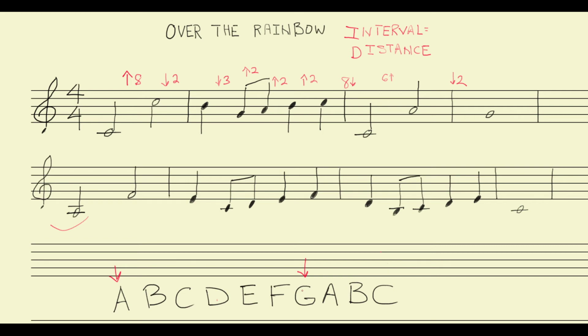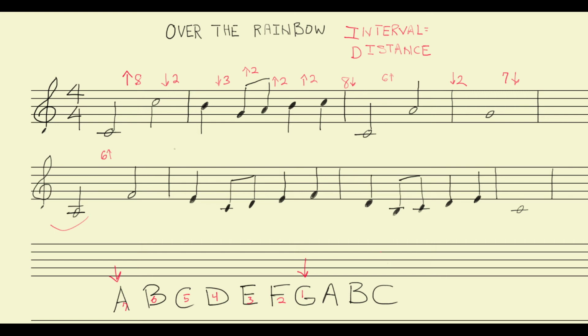So we go G 1, F 2, E 3, D 4, C 5, B 6, and A 7. So we're going down from the G to the A, the interval of a seventh. Then we go up the interval of a sixth, A 1, B 2, C 3, D 4, E 5, F 6.